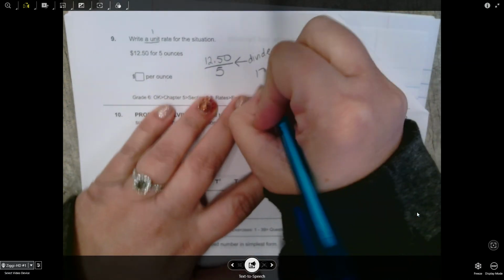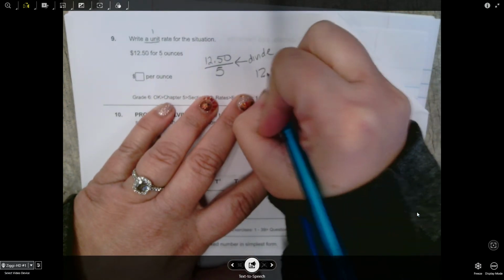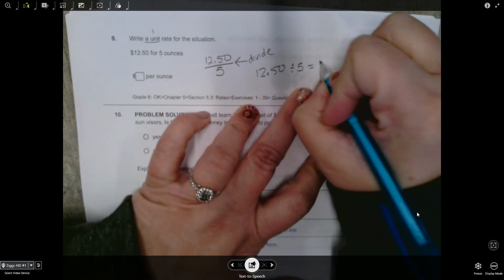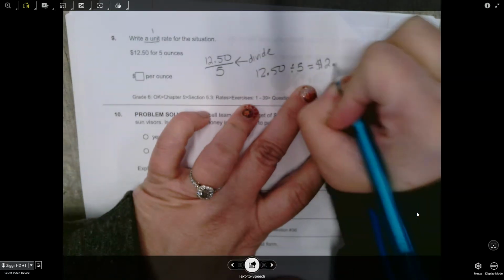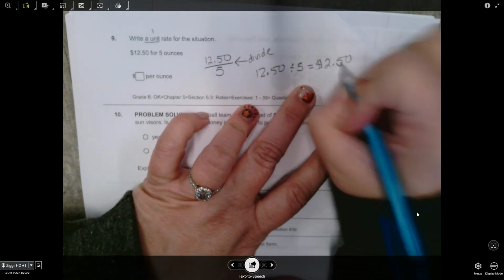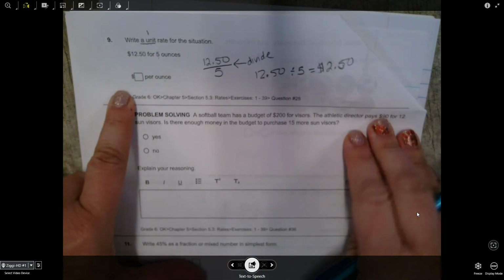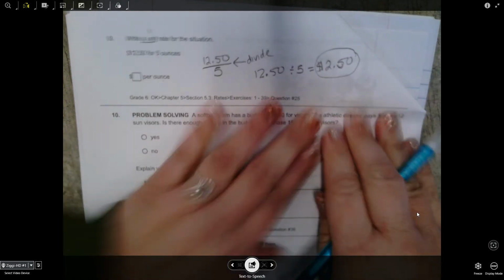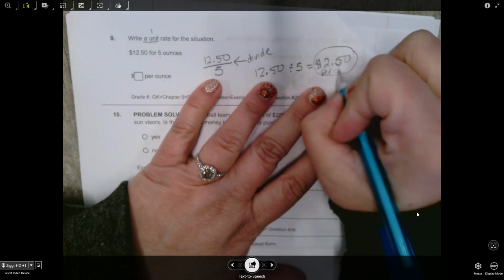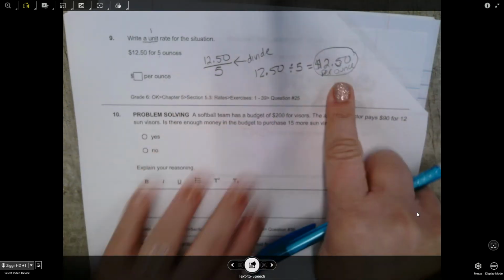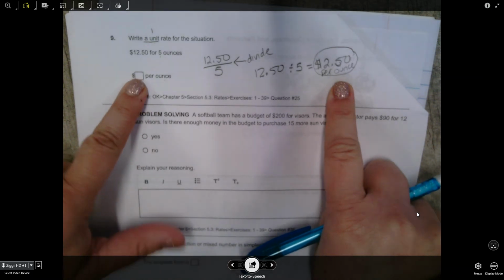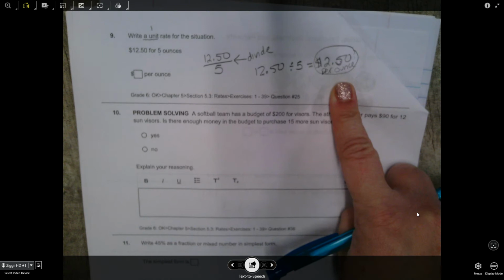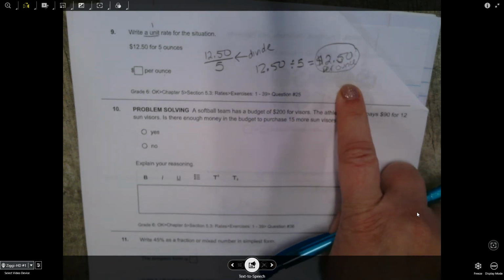So you will type in 1250 divided by 5 and you get $2.50. So your unit rate is $2.50 per ounce. If you want to circle it like this instead of squeezing it in here, that would be perfect because remember, I have old lady eyes and I can't see when you squeeze in boxes.